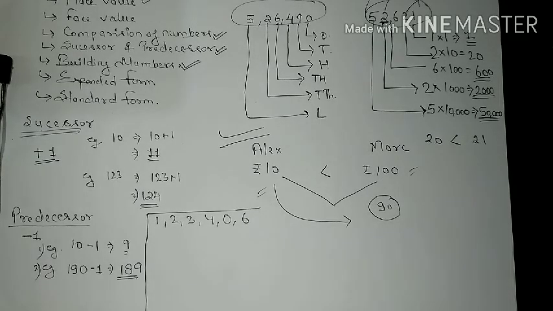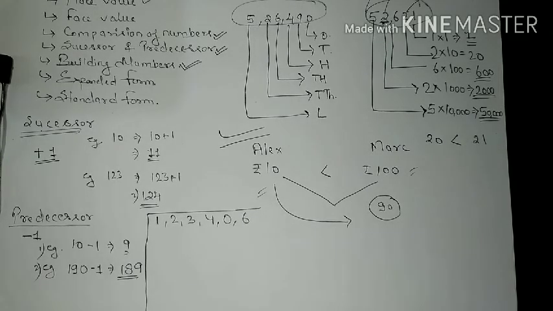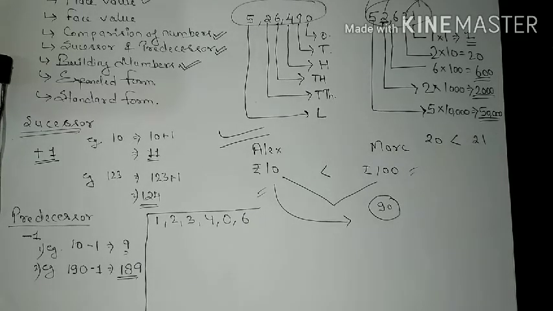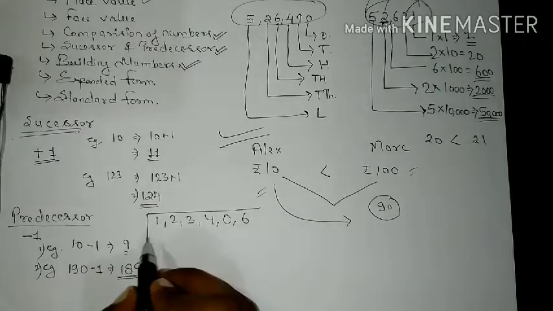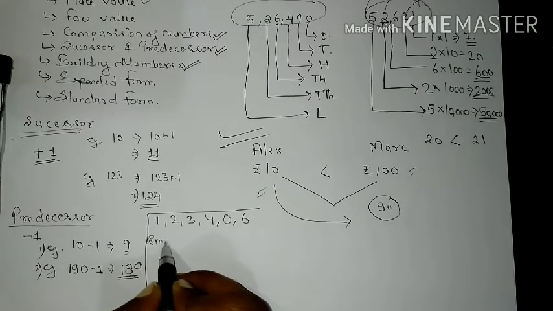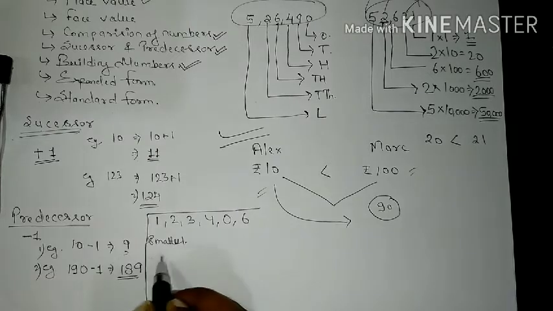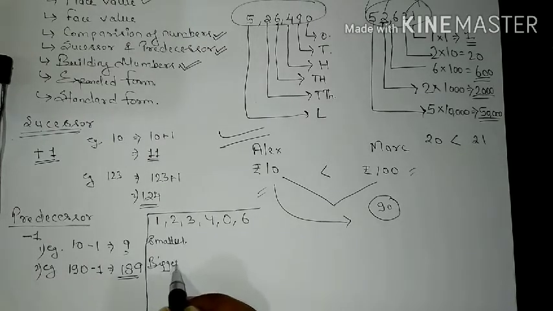These are the numbers that you have been given, and you have to make the number. So how will you build the number? In the question, you may be asked to make the smallest number, and the second thing it can ask is to make the biggest number.